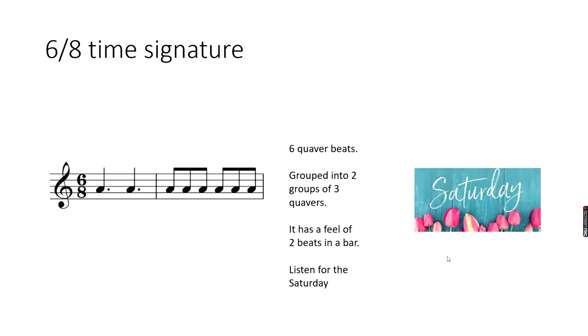So you may think it's 2/4 at the moment. 1, 2, 1, 2. Saturday, Saturday, Saturday, Saturday. Now that is an example of 6/8 time signature, and we could hear that Saturday rhythm used throughout.